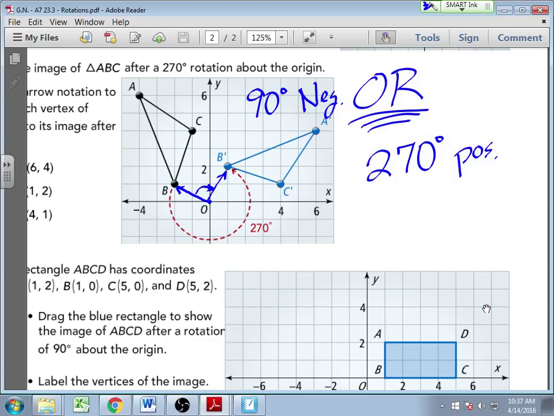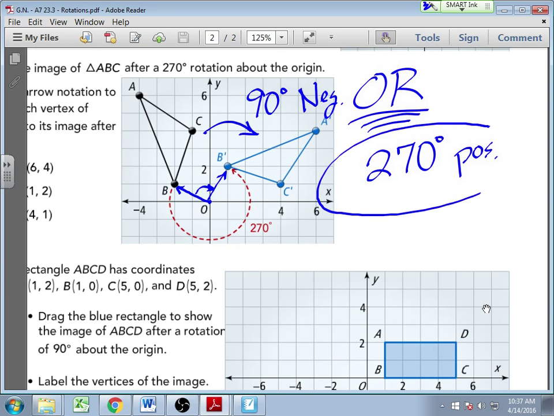So a lot of people come back the day after I send this homework and they're really mad. They're like, I kept getting these wrong. I was answering 90 and it would tell me it's 270. You've gotta realize positive rotation is counterclockwise. So although it looks more efficient to say this is a 90 degree rotation, that's in the negative direction. We have to phrase it in the positive direction.